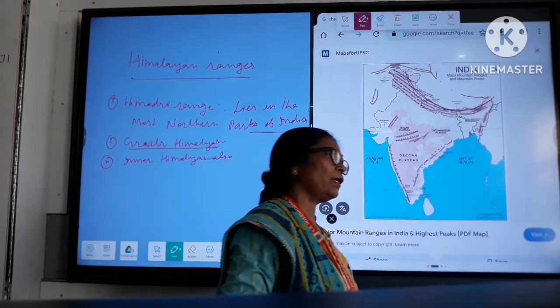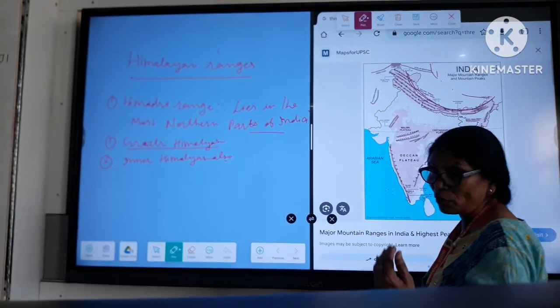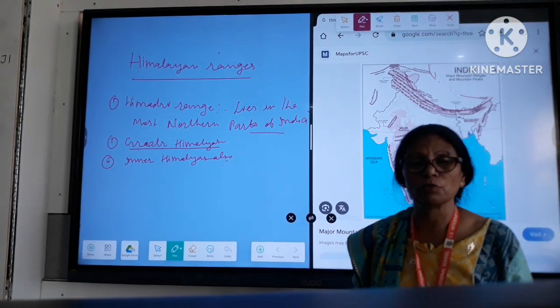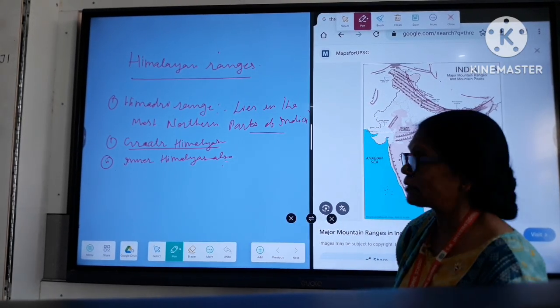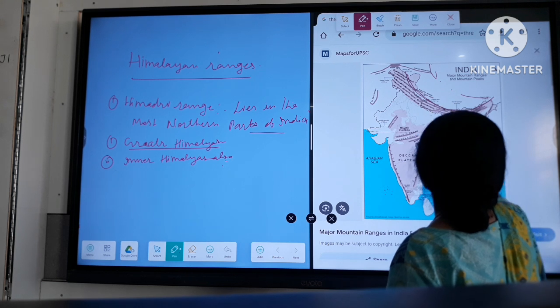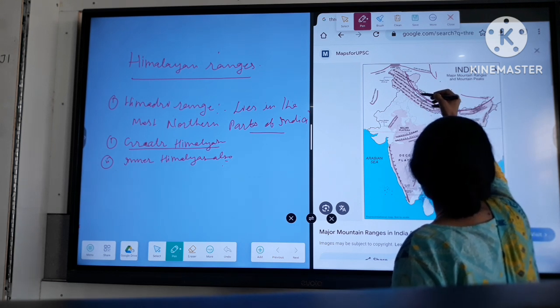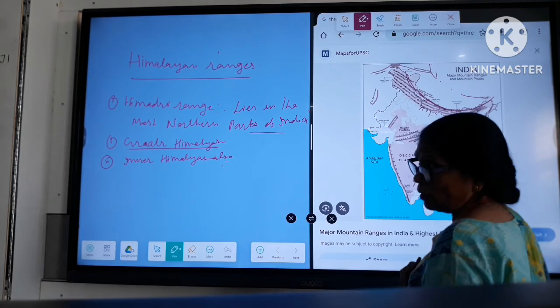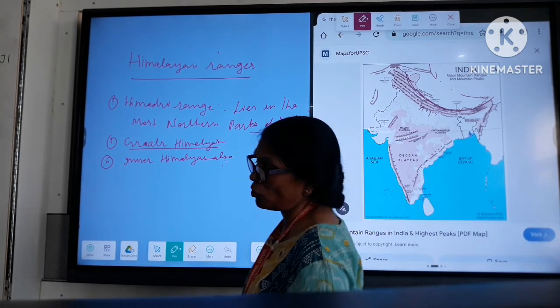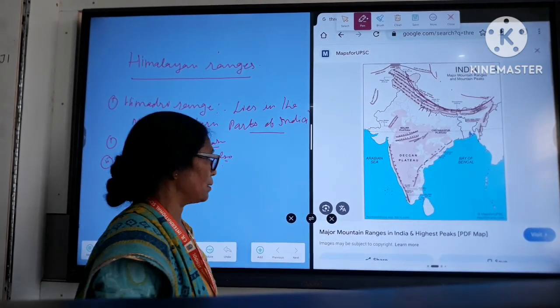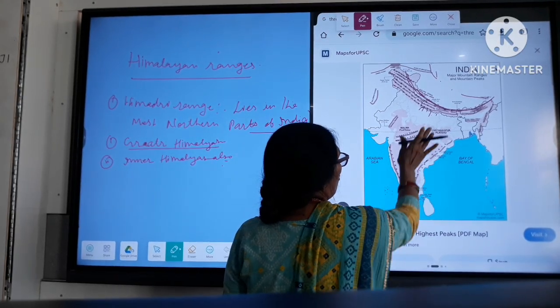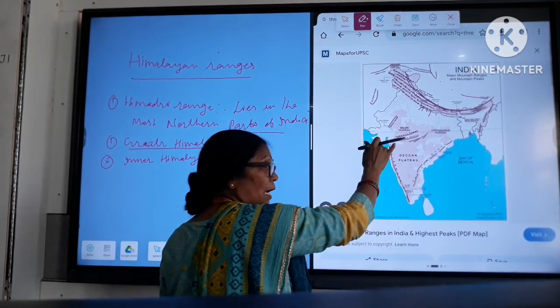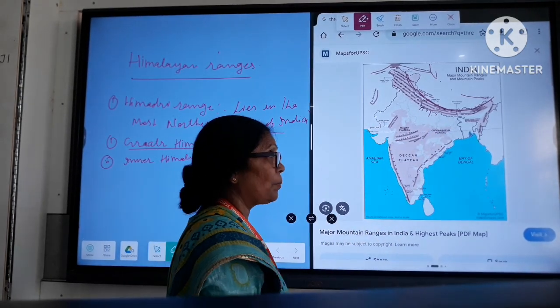Why do they call it the Inner Himalayas, and what is the inner part? Most of the students may be confused. What is the inner part? This or this? This is the inner part, not this. Most students may guess this is the inner part because it is inside on the map of India.